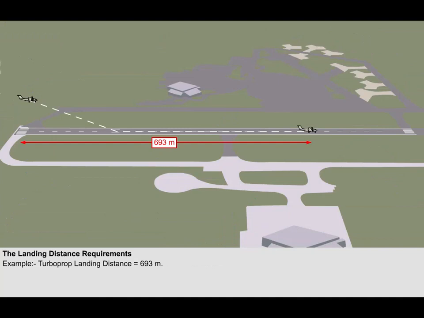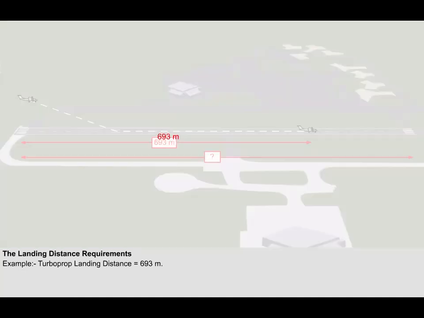A turboprop aeroplane has a calculated landing distance of 693 meters. What is the minimum length of landing distance that must be available at the airfield in order to comply with the regulations? In other words, we must work out what 693 meters is 70% of.